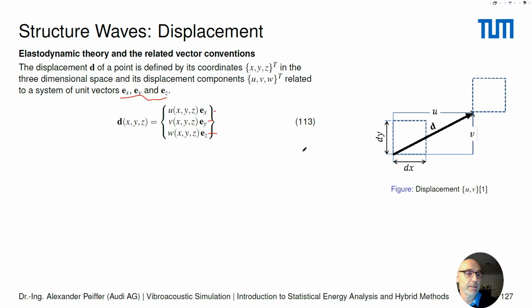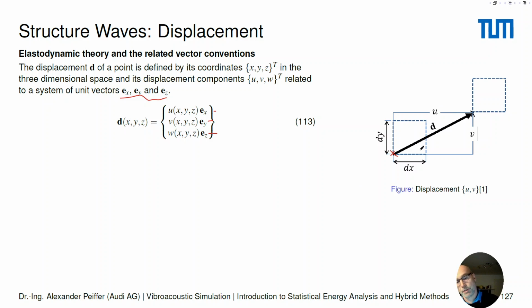Good. In addition, we now have to define what is the quantity and how do we describe displacements in our three-dimensional space. As in the pressure field, the three-dimensional space is usually defined by coordinates x, y, z. And the displacement is now described by u, v, and w. That means the block shown on the left-hand side, if you look at the lower left corner, is displaced by vector uv in the plane.